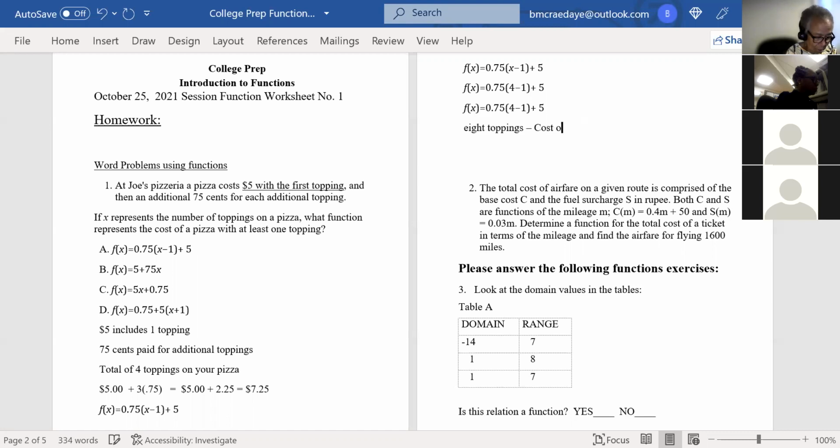Cost of pizza. I remember you use that same equation, because the answer here was... this is the answer right here. That's the answer, what, 75 cents? No, that's the function you can use to calculate the amount you pay if you had 8.